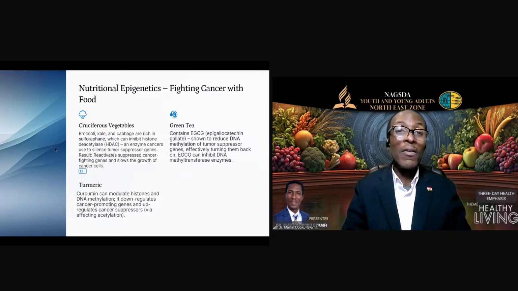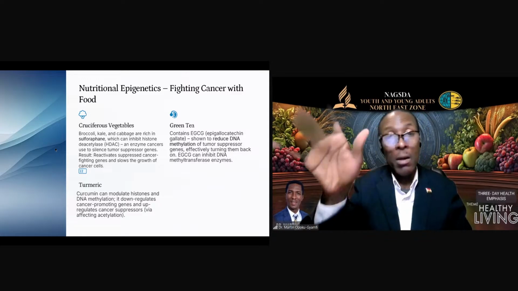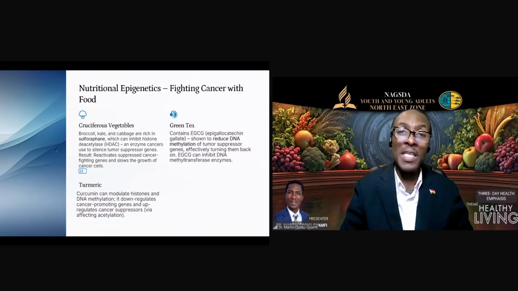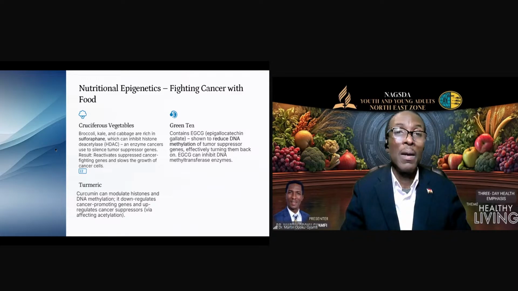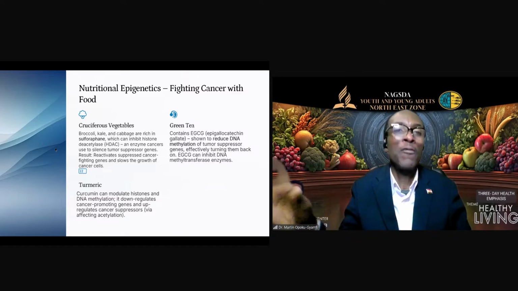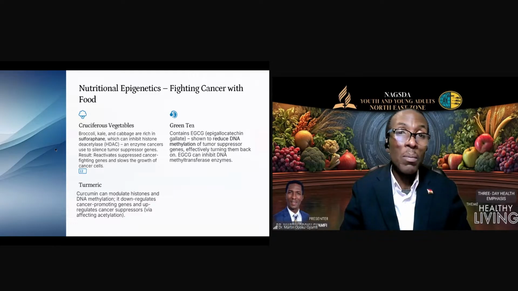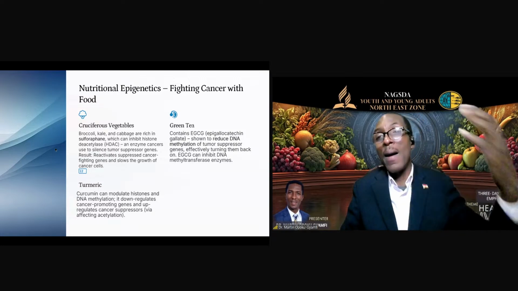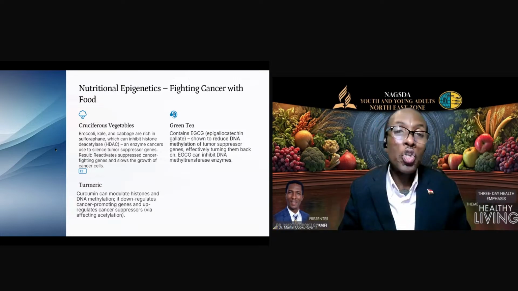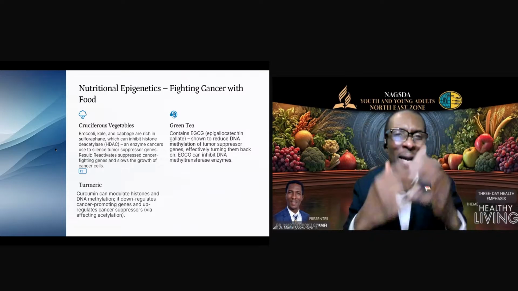And those are the cruciferous vegetables. There are a lot of them, but because of time, I just put on these three. Basically, they are all from plant food. Cruciferous vegetables: broccoli, kale, cabbage, cauliflower, Brussels sprouts, bok choy, all of them that can fall under the cruciferous vegetables.